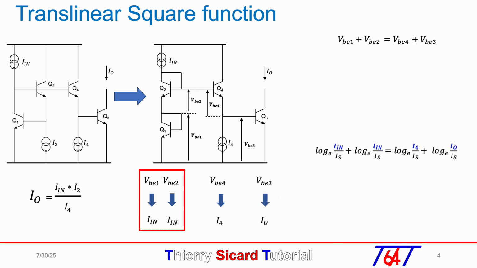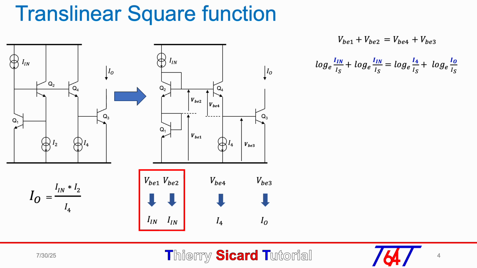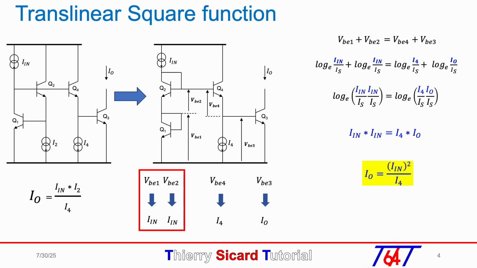We can then replace VBE with the expression VT log IC over IS with its own current IC indicated in bold and dark blue. We obtain the logarithmic expression, then the current expression Iin times Iin equals I4 times Iout. Finally, the output current Iout is equal to Iin squared divided by I4.